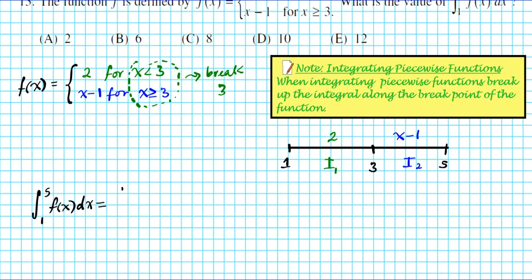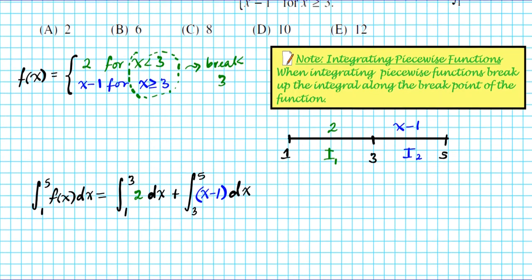So it has to be the integral from 1 to 3 of the first function, which is 2, dx, plus the integral from the second portion, 3 to 5, of the other function, x minus 1, dx. Just evaluate these two integrals independently, and that will give us our answer. Alright, let's do it.